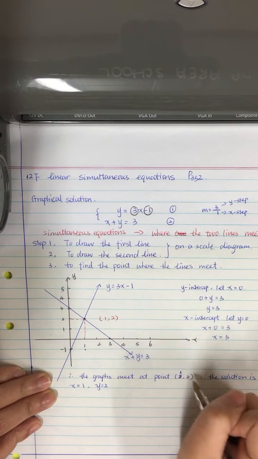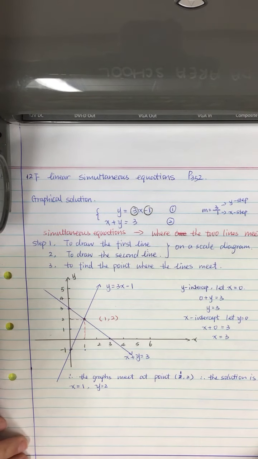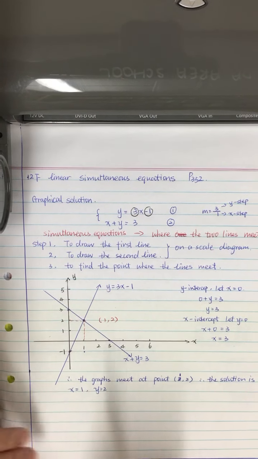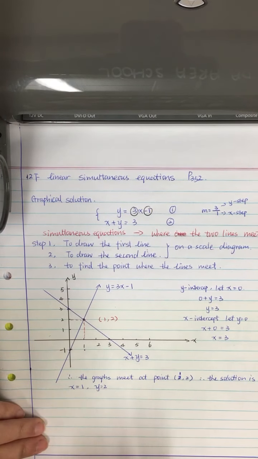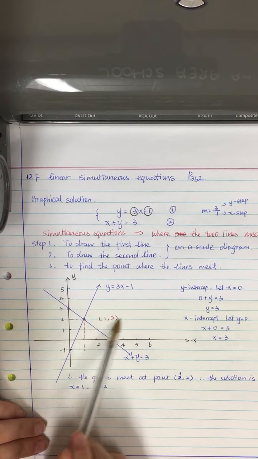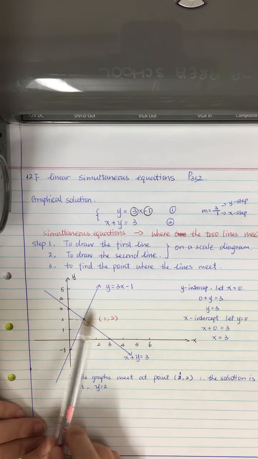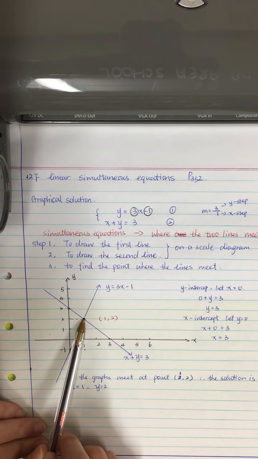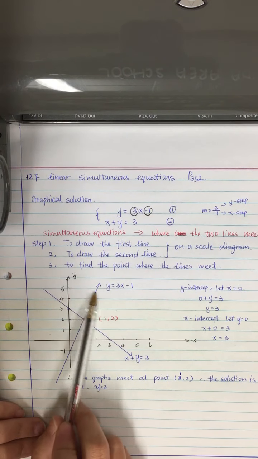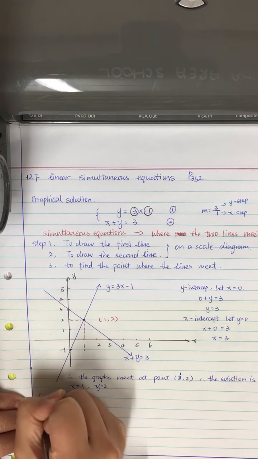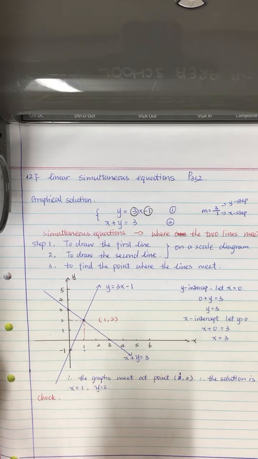That's the x value and y value. But we have to do a check, because if your graph is not on a perfect scale, then it might have mistakes. So we need to double check whether this point is actually on both lines. You can see that's the intersection point for both lines, but I want to make sure this point does sit on the first line and does sit on the second line. So we need to do a check.